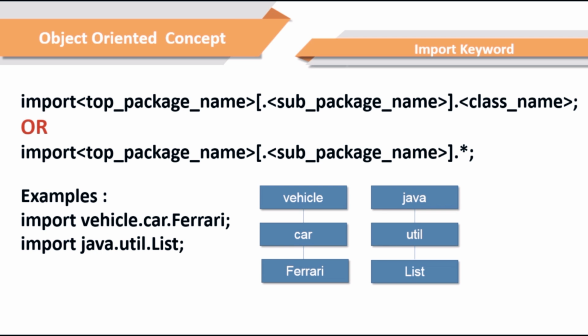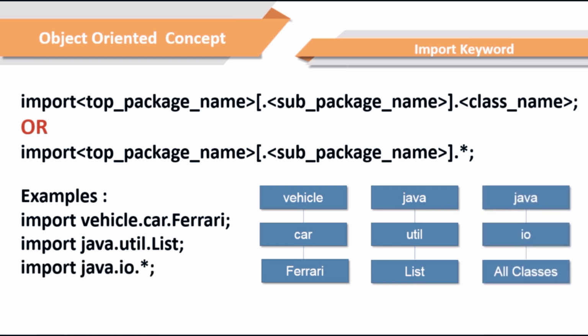So the second way to import, if you use a package name .asterisk, then all the classes and the interfaces of this package will be accessible, but the classes and the interface inside the sub-packages will not be available for use.